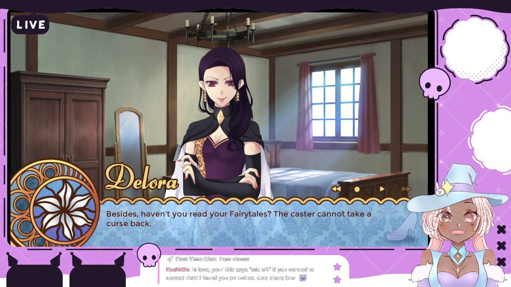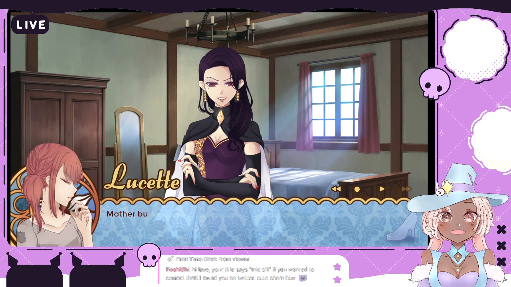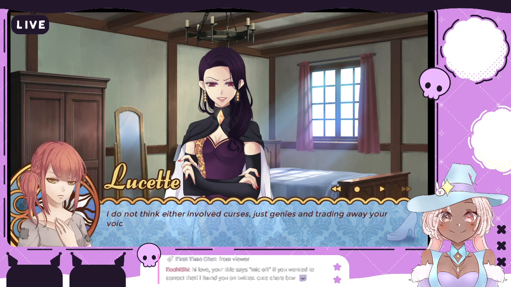The caster cannot take a curse back. You need to focus on breaking the curse yourself if you want your life back. Mother burned the books before I could read more than one or two of them. I do not think either involved curses, just genies and trading regular voice for legs.